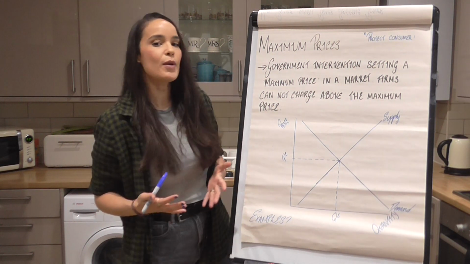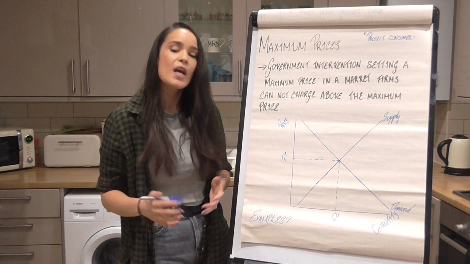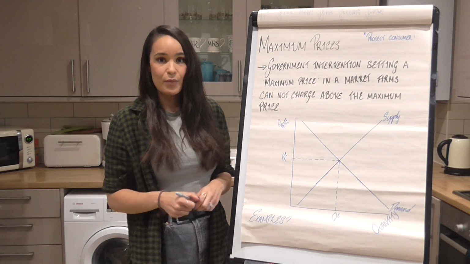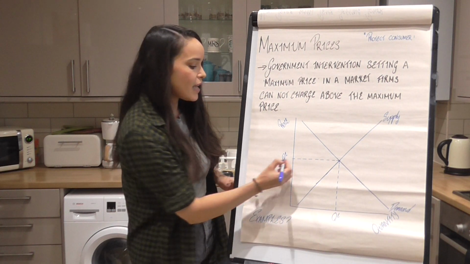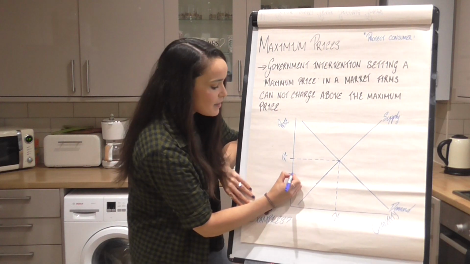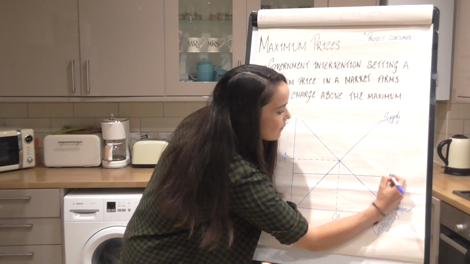If that price equilibrium is too high, even under normal market mechanisms, then we have to make sure that our maximum price is set below that market equilibrium price. So they may decide to set the maximum price right there.